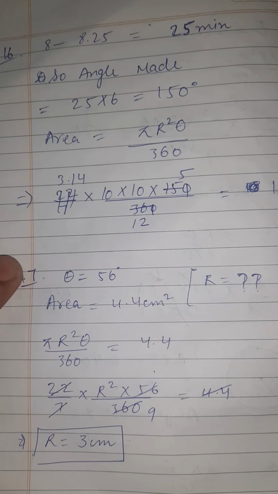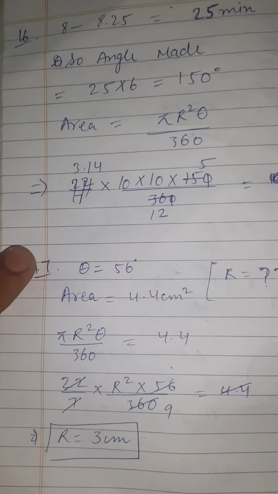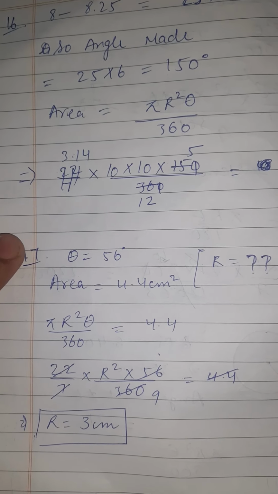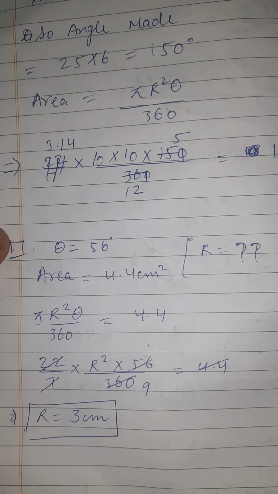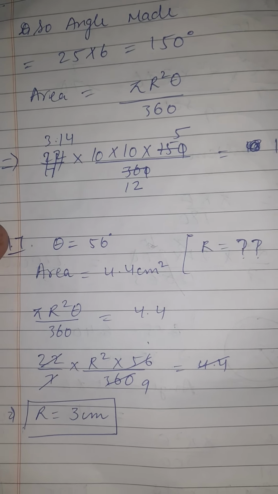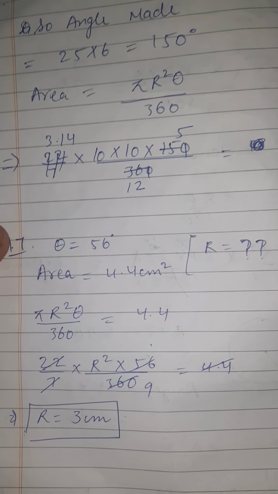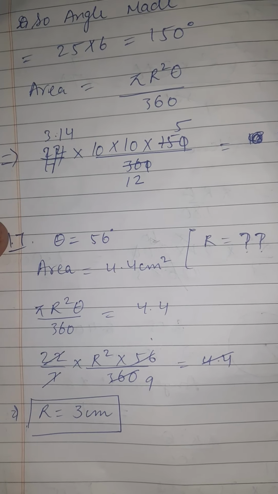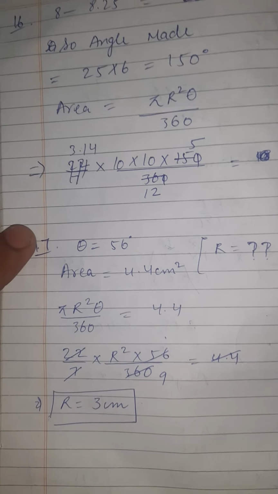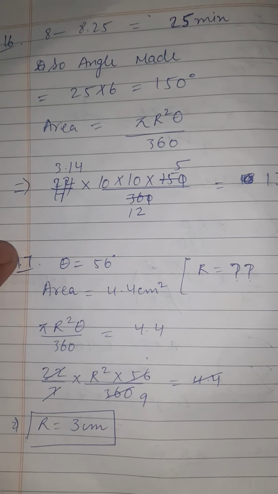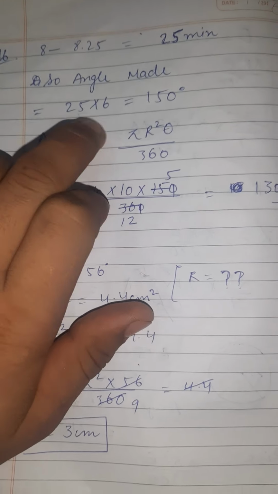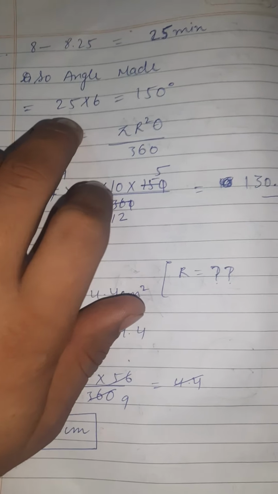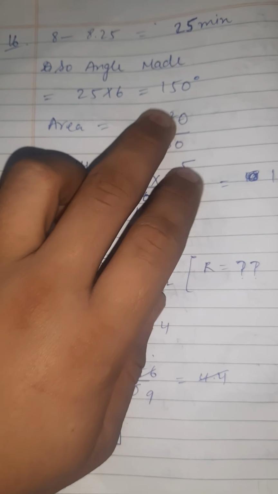So we can say that in 60 minutes, which is also called 1 hour, a minute hand covers 360 degrees, means a complete circle. So in 60 minutes 360 degrees, this means that it covers 6 degrees in just 1 minute. And if it covers 6 degrees in 1 minute, then it will cover 25 into 6 degrees in 25 minutes, which will be 150 degrees.